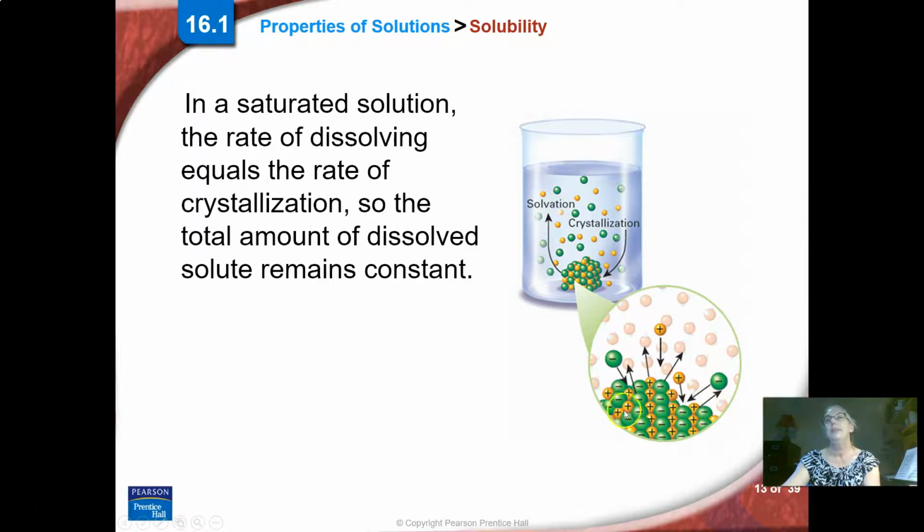Or if it's molecular, like sugar, it doesn't have a plus and minus side, but it is soluble in water because it has OH groups that are very similar to water in shape, so that water can come in and attract these pieces. So the pieces are attracted to the water and pulled out of this crystal.